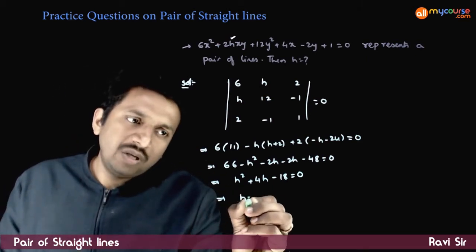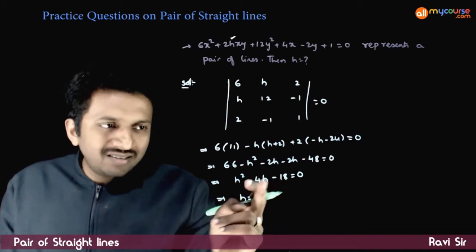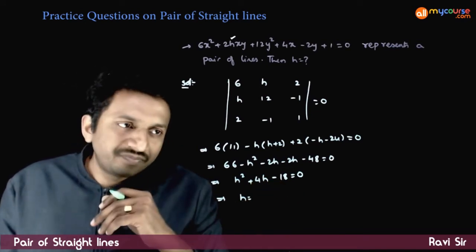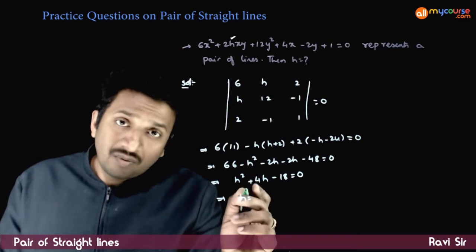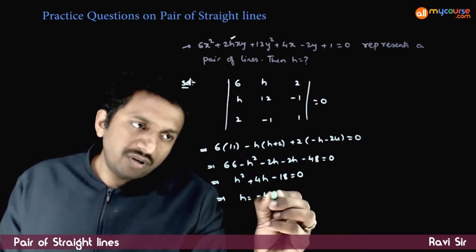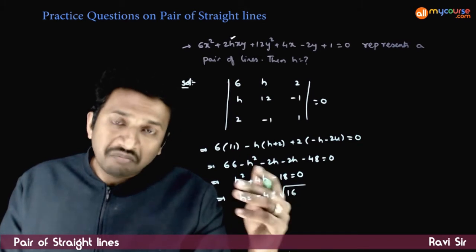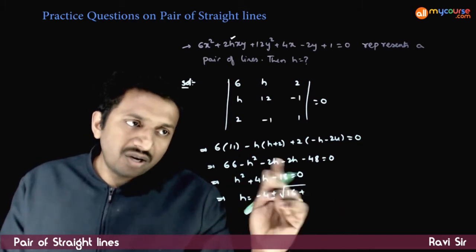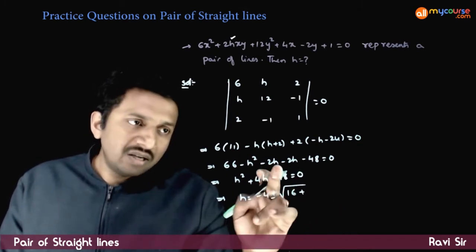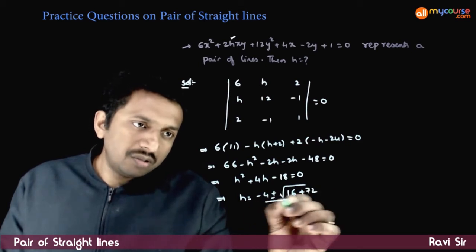So obviously you can see that this cannot be nicely factorized. And what is the value of h? Minus 4 plus or minus root of b square minus 4ac, that is 4 times 18, 72, by 2.